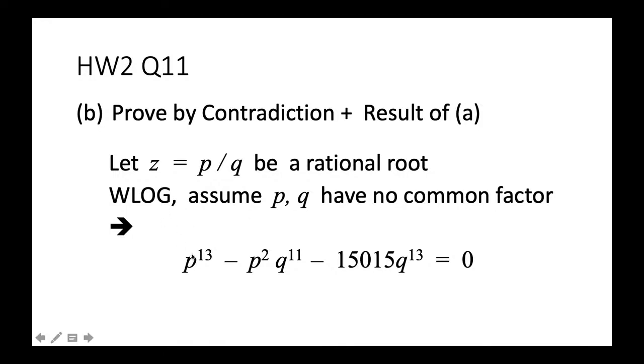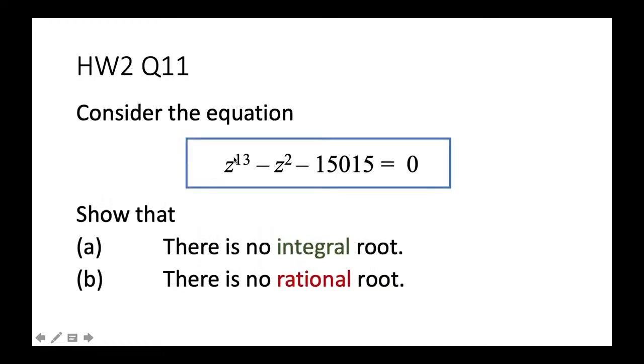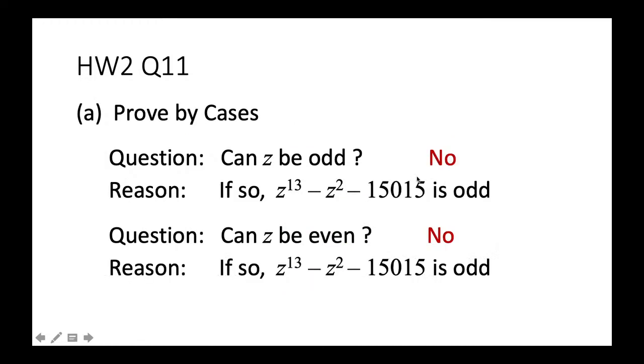So now we plug in Z equal to P over Q in the original equation. So we have P over Q to the power 13 minus P over Q to the power 2 minus 15015, equal to 0.